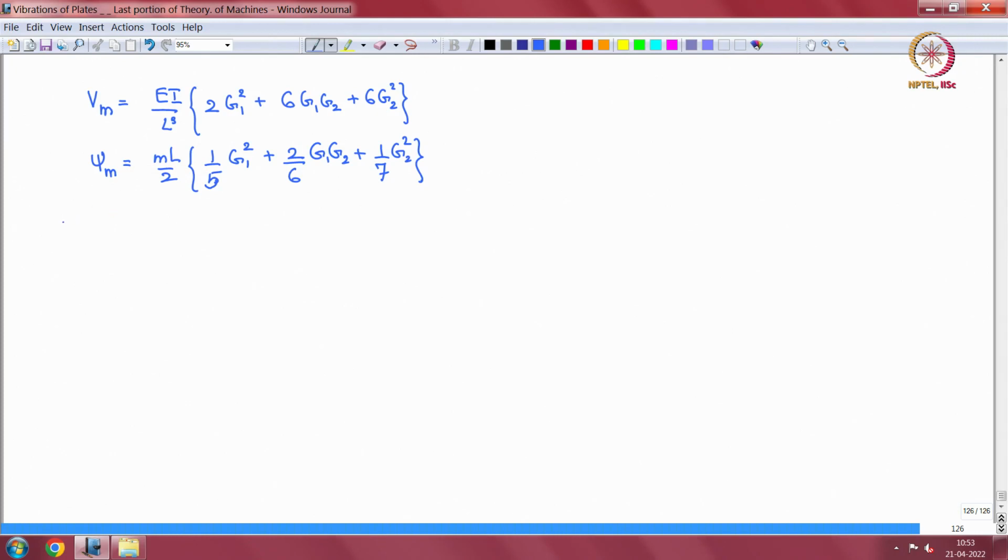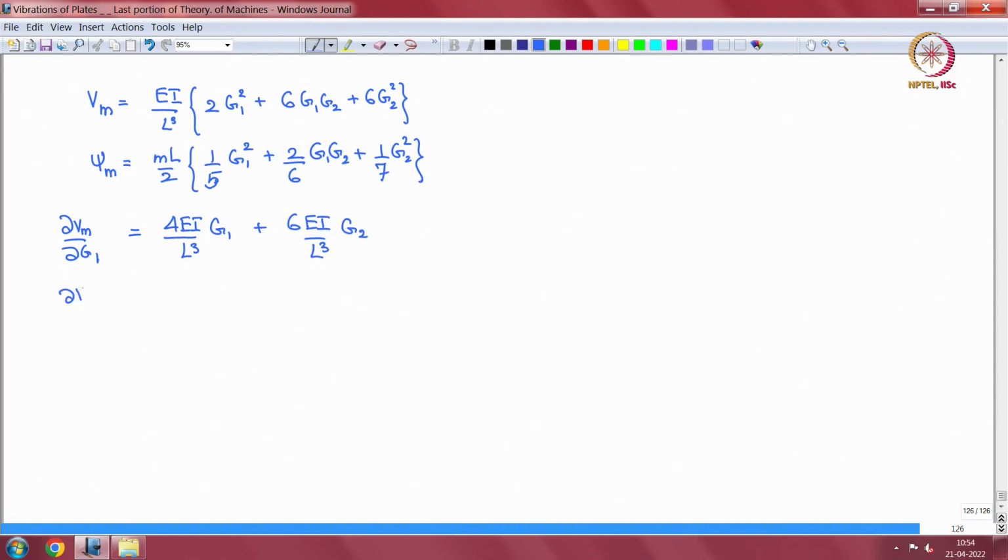Now we have to do del Vm by del g i. So we'll do del g1. That becomes 4 E I by L cube into g1 plus 6 E I by L cube into g2.